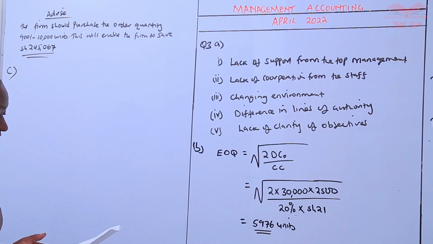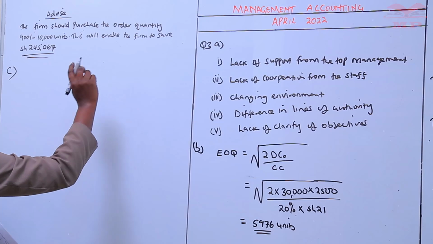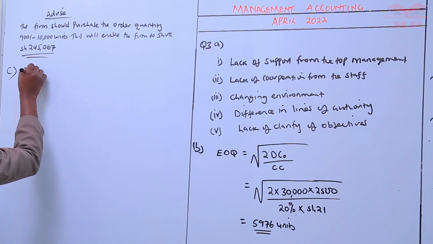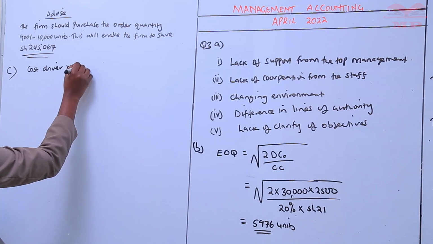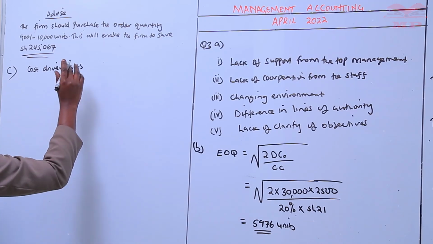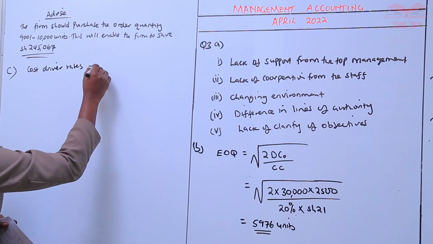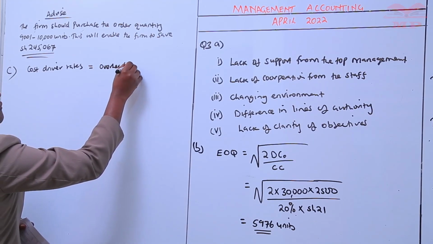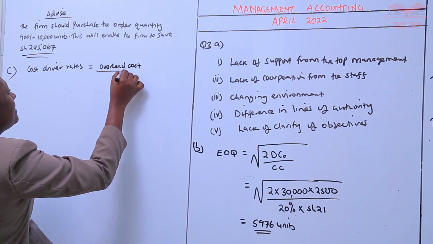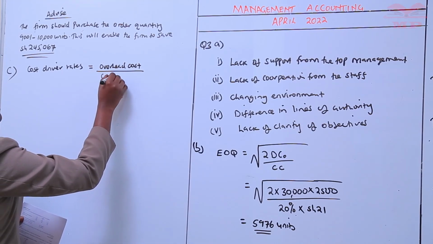How do we go about that? Step number 1, we are to calculate the cost driver rates. How do we calculate cost driver rates? This is simply equal to overhead cost, and we divide by the cost driver.